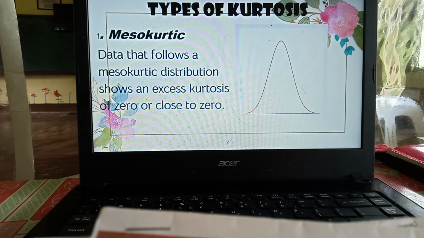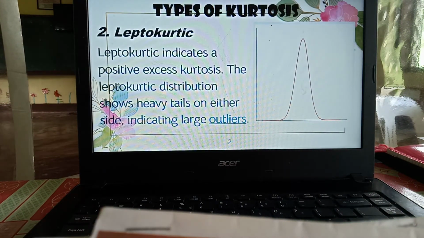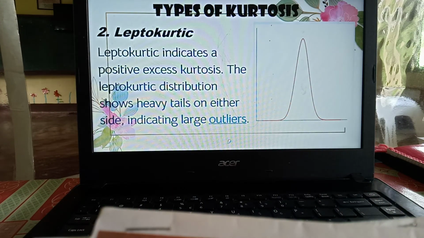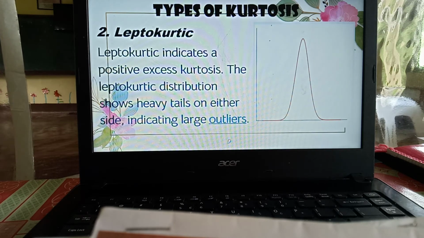Okay, next, the second type of kurtosis, we have leptokurtic. Leptokurtic indicates a positive excess kurtosis. The leptokurtic distribution shows heavy tails on either side, indicating large outliers.